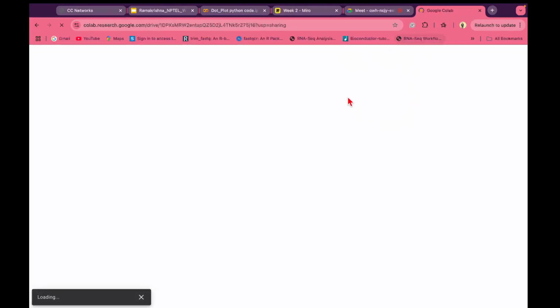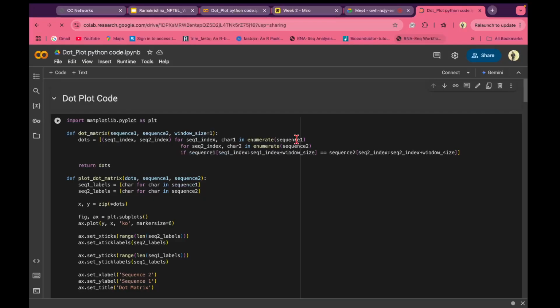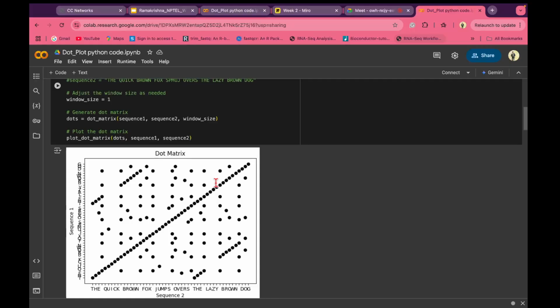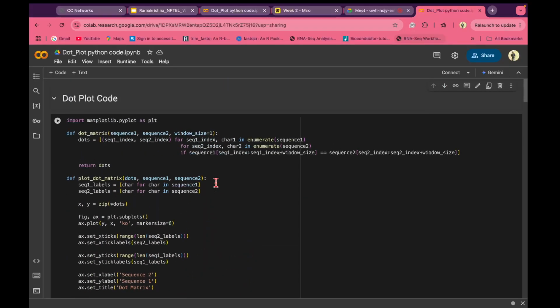You will be redirected to a Colab notebook. Everyone, can you see this Colab notebook or are you able to reach here? Yes, sir.